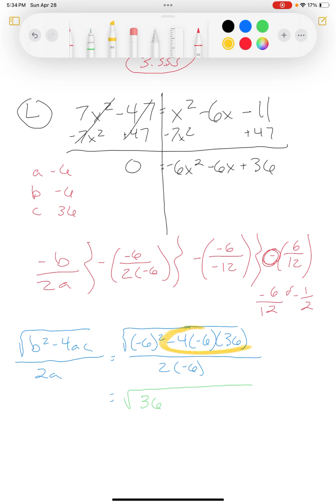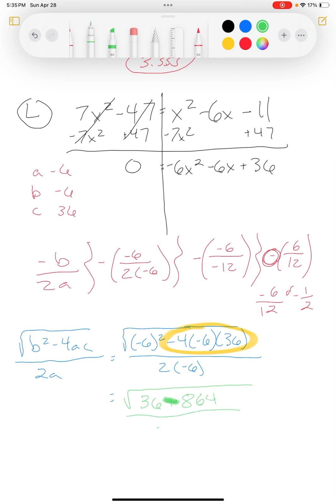Now we're going to, again, multiply those three numbers together. I see it's a negative times a negative times a positive. So negative times negative is going to be positive. And 4 times 6 times 36 is 864.